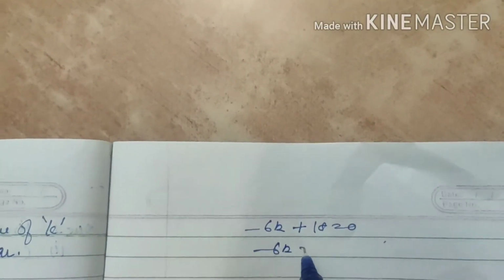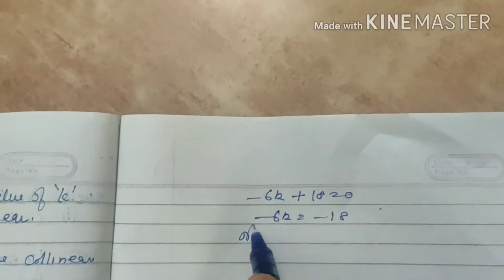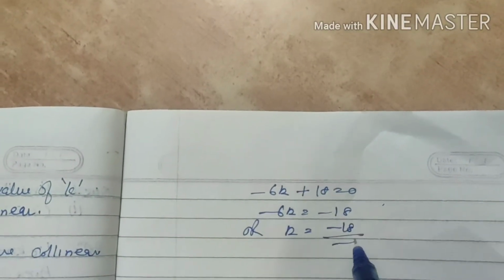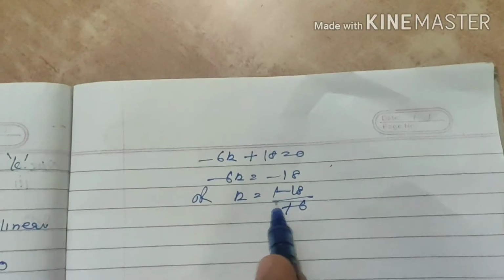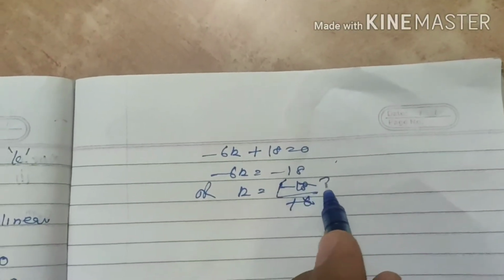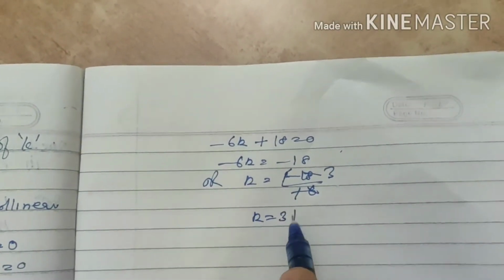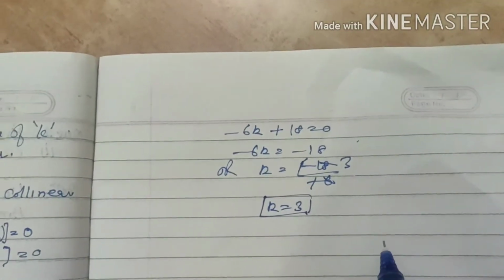So minus 6k equals to minus 18, or k equals to minus 18 by minus 6. The minus sign will be cancelled, and 6 threes are 18, so we have k as 3. So this is part number 2 of question number 2.